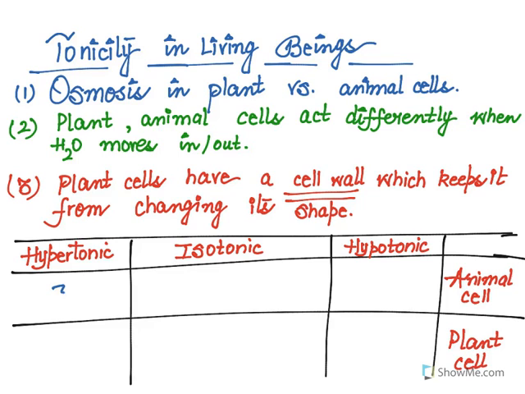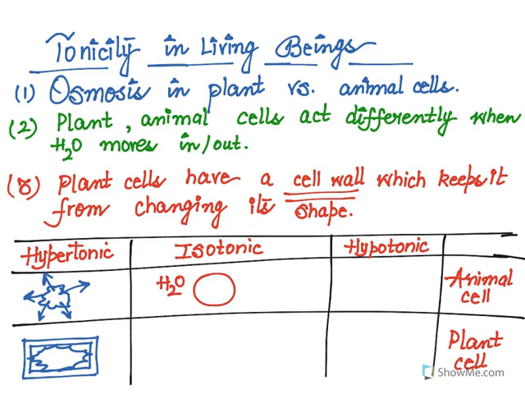All right, so this one is going to be a shriveled up cell because the water is moving out. So the cell is going to look like it's shrinking. And here, because we have the cell wall, it's going to look a little different. All right, here, same equal amount of H2O goes into the cell, leaves the cell.